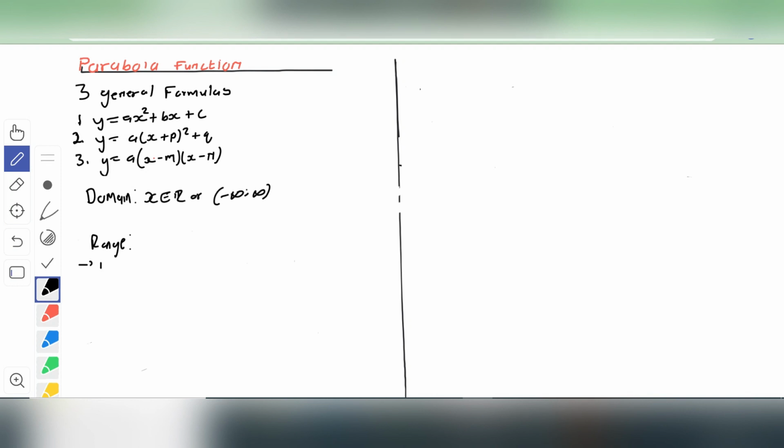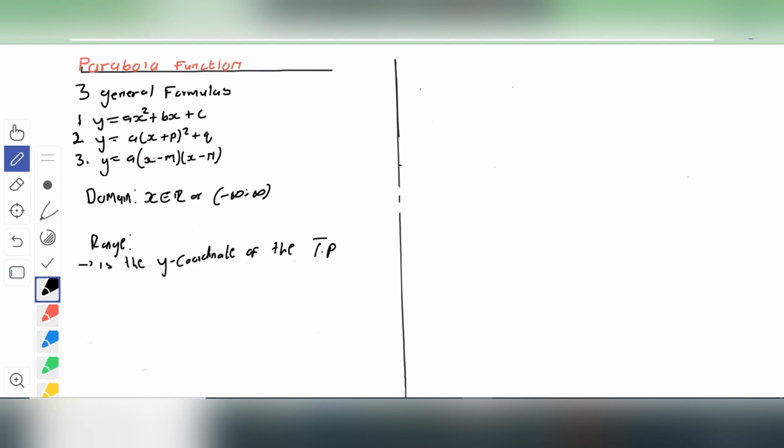Range is the y coordinate of the turning point, right?